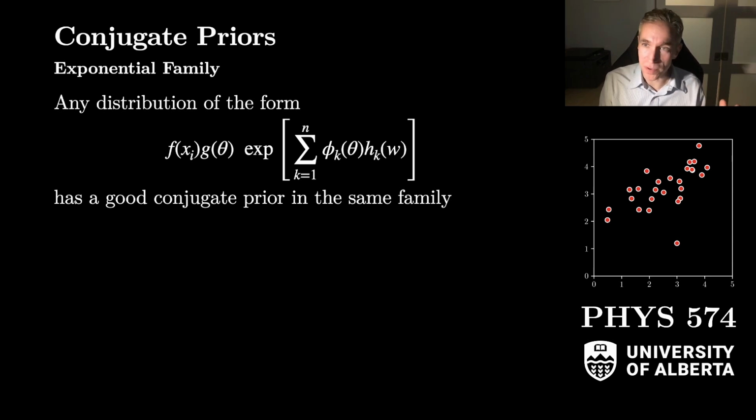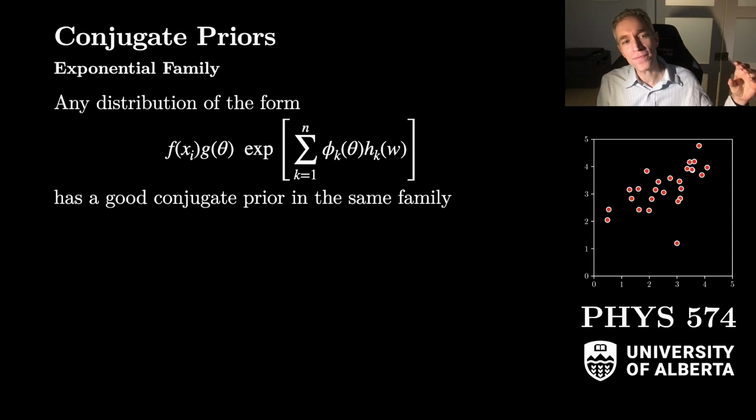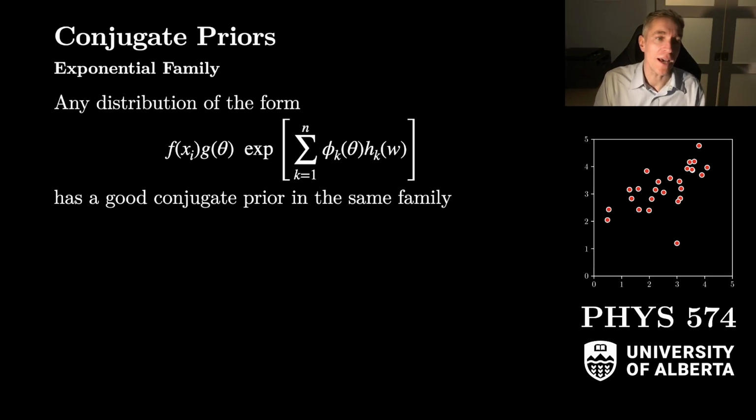Most of our PDFs live in an exponential family, and if they fit with this general form, where you have functions of the data xi, functions of the parameters theta, and then an exponential of some functional sum of the parameters and the data, you almost always can find a good conjugate prior that's in the same family and then determine the properties from that.